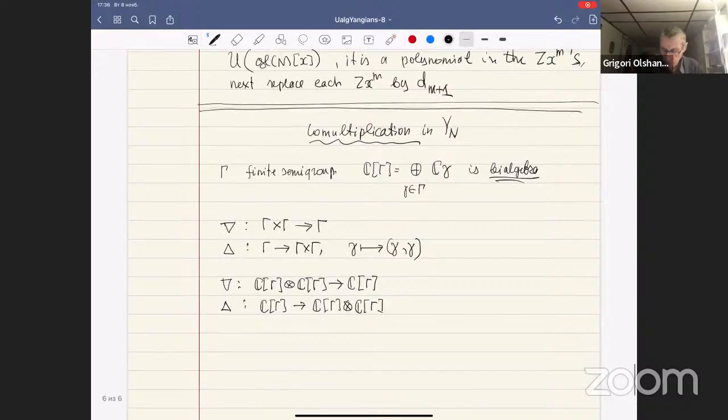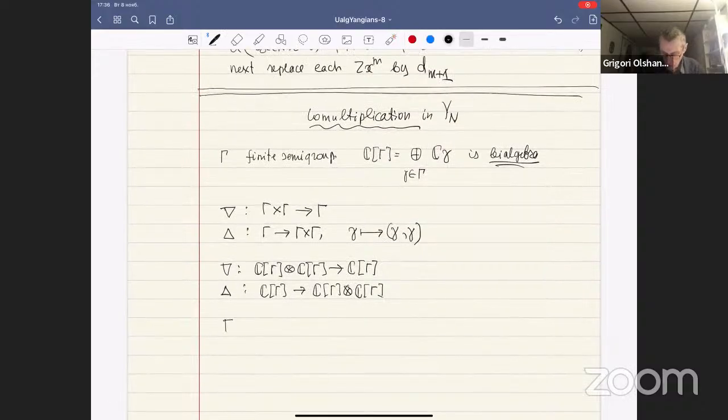Assume next that gamma has a unit, and this produces two maps. One is this one, quite trivial, and the other is the so-called co-unit, which is as follows.